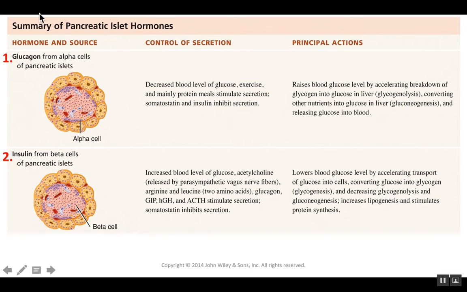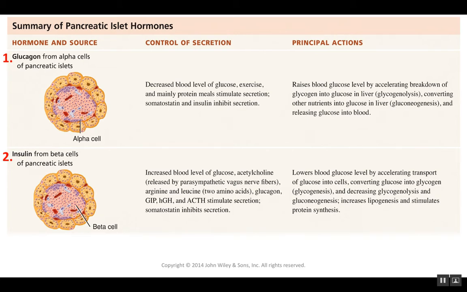The alpha cells produce a hormone known as glucagon. Beta cells produce the hormone insulin. These two are another example of antagonistic hormones, meaning they do the opposite. What they do is together regulate your blood sugar.